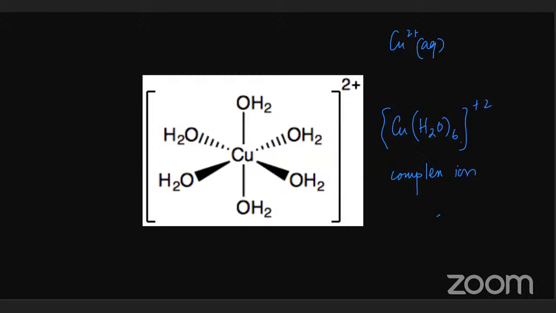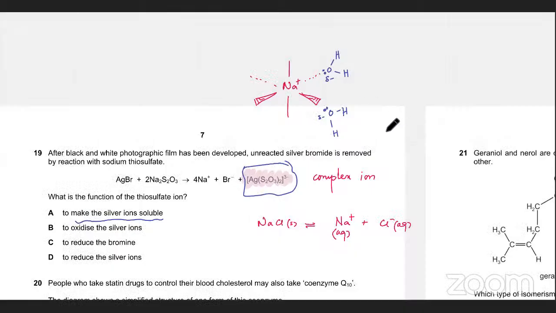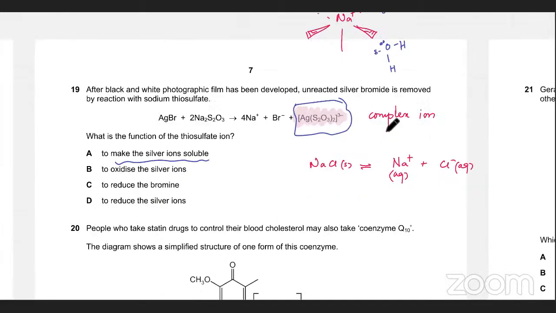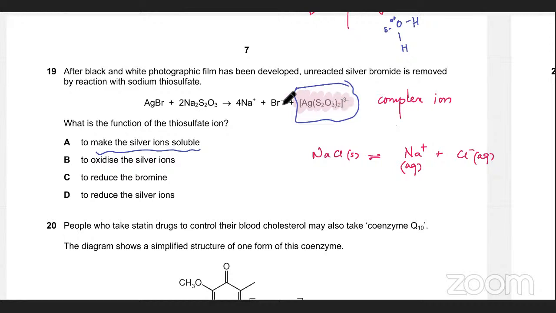So if we come back to this question, and let me clear this. You just need to know a very brief general overview of this. No detailed questions, it's in A2. So if we go back to the question, you can see over here, what he's saying is that there's a complex ion that's getting formed.